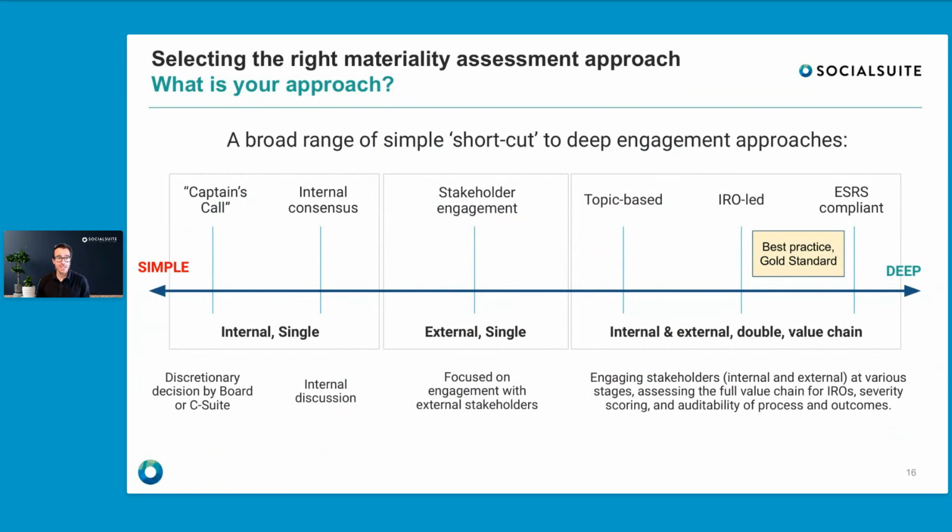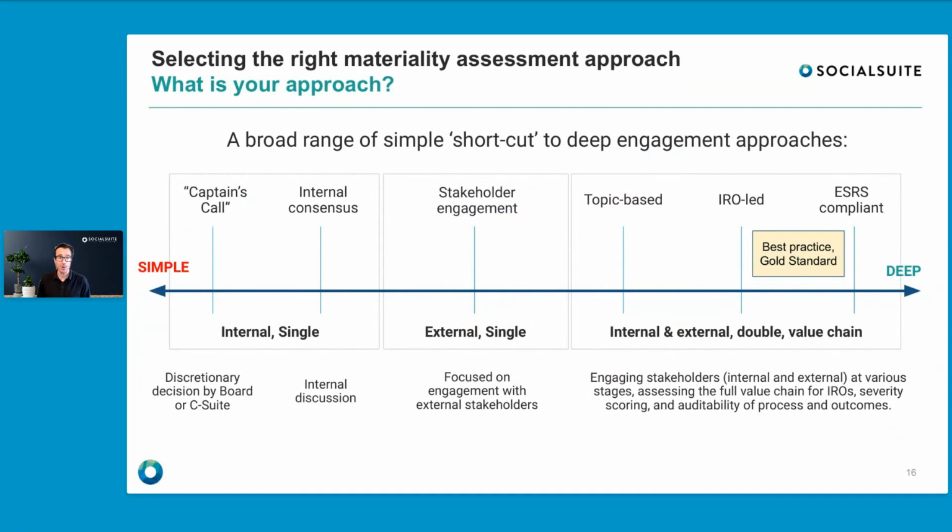And what we see is there's some simpler versions to very deep engagement approaches. And we see companies often, not always, move gradually. They start with a simpler version and then move over time when they understand what's required, either from a legislative point of view, what they have to do at some point, or what your stakeholders need, and building internal capacity to really improve on this.